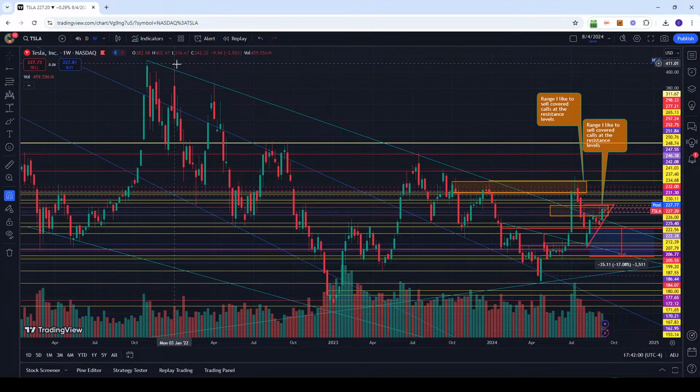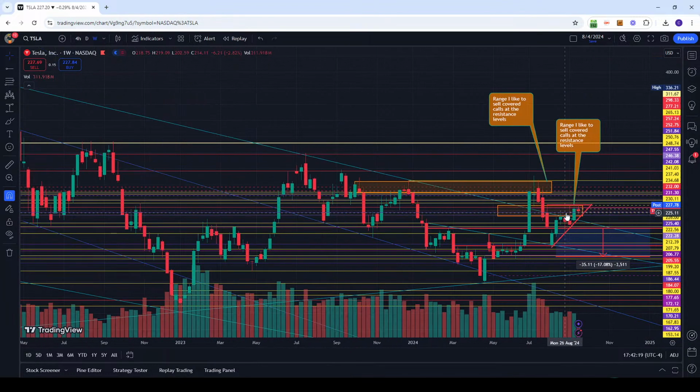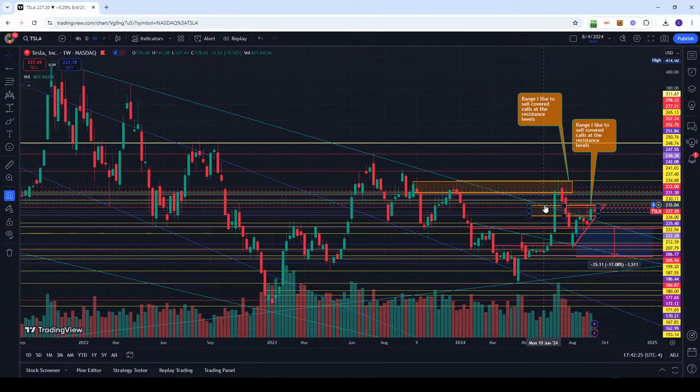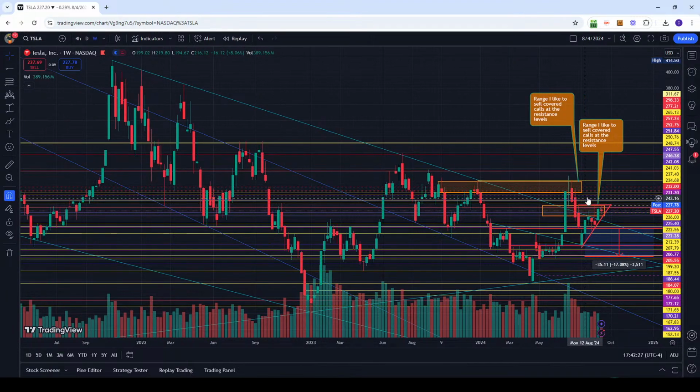More often than not, you'll see here on the monthly candles a rejection back under that trend line. So I will not long calls for swinging a month or two out on Tesla until we see a confirmation and a breakout on the weekly and monthly time frame above that downtrend line, because of the example right here. People long calls right there thinking, oh, we broke out and we've confirmed we're good to go, and we didn't on the monthly, and we rejected hard right back under that, right?